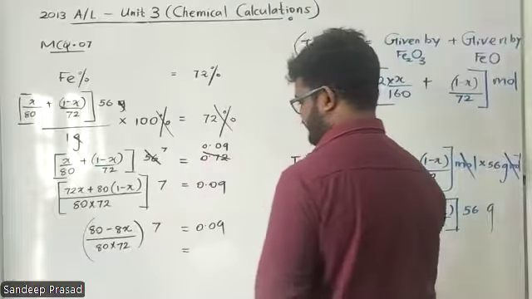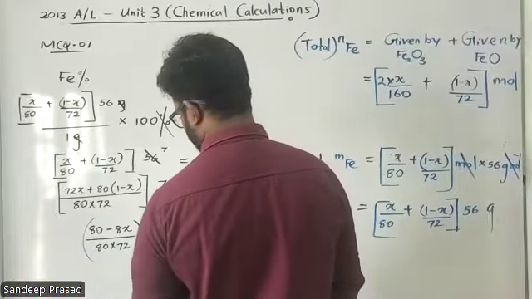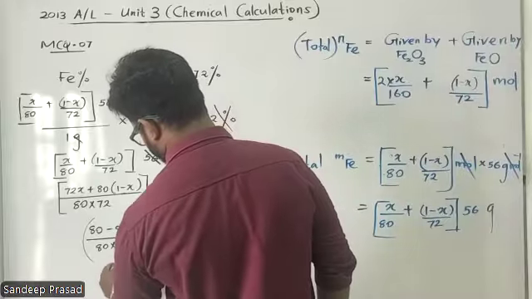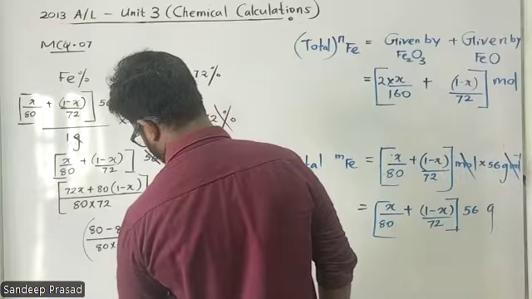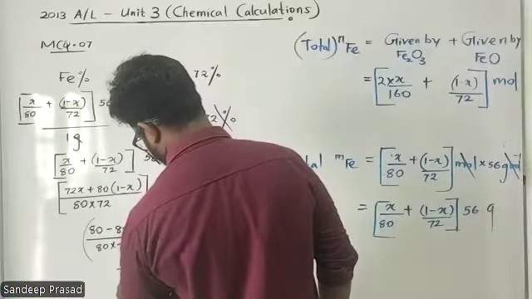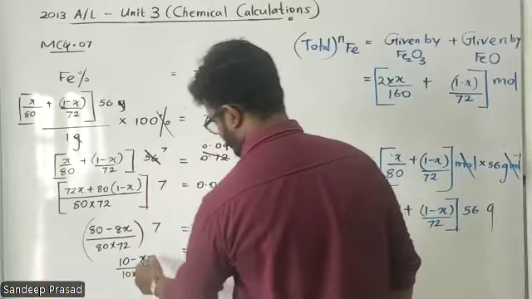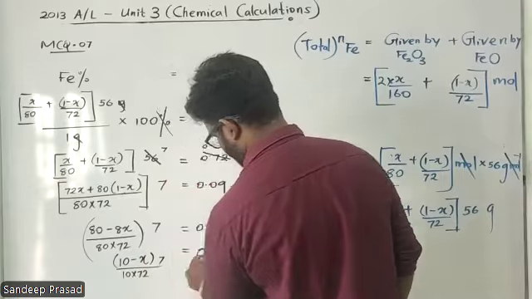Then we have an answer like, so this is divisible by 8. 8, 10 minus x, 10 into 72 into 7, 0.09.